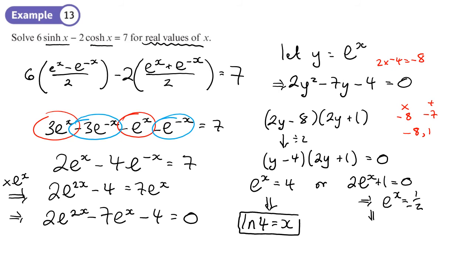Now over here, if I do the natural log of negative a half, remember we can't do the log of a negative number, or even 0. We can do positive numbers, even decimals, but not negative. So actually we're just left with one solution, which is x equals ln 4. That's our solution.